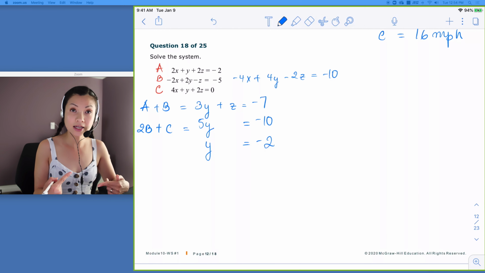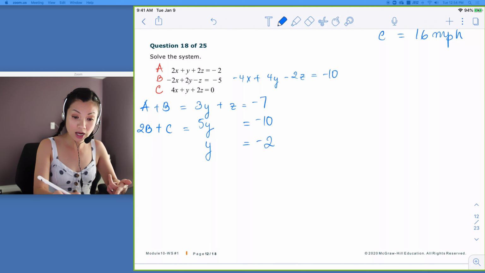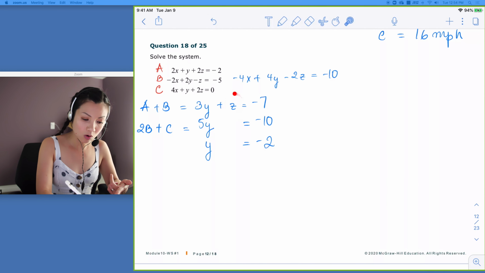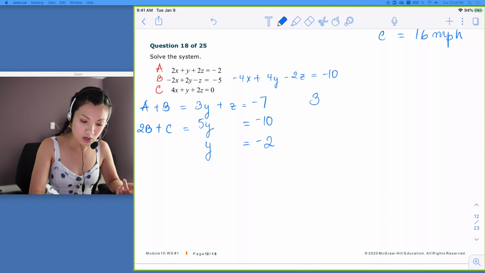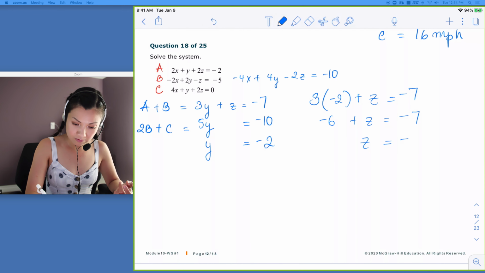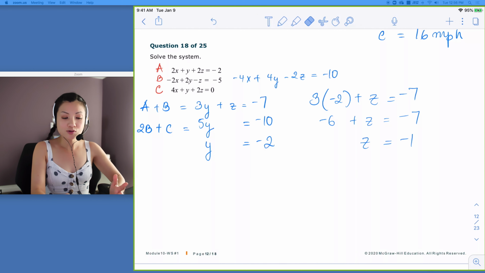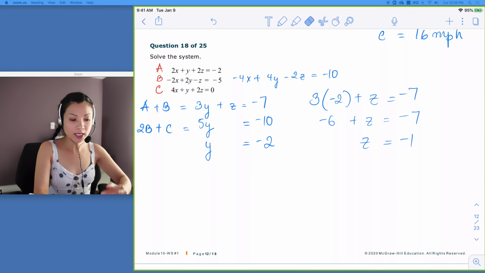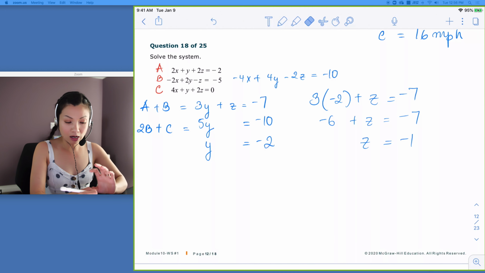Now because I have y already, I can go back here and solve for z easily. So I'm going to take 3 times negative 2 plus z equals negative 7. So z is negative 1. To solve for x now, I just have to go back to A, B, and C and plug in y and z.